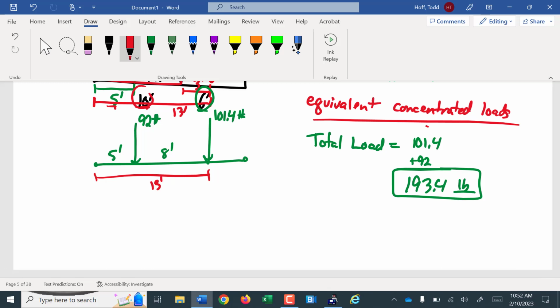So now we need to find the total moment, so we can find our average distance. It's always distance from the left end times the load. So for the first one here, it is 5 feet from the left end times the load of 92 pounds, giving us 460 foot-pounds.